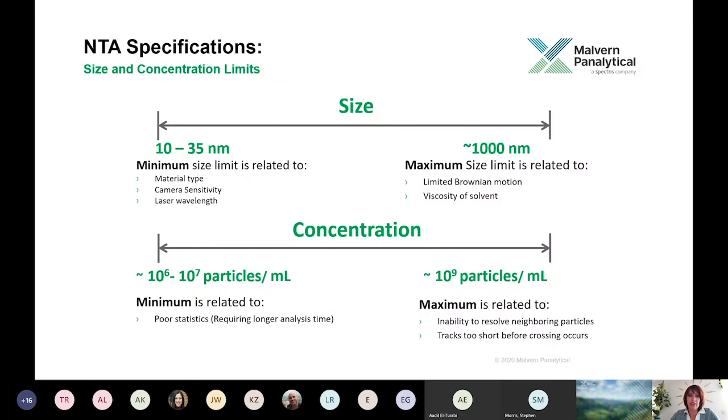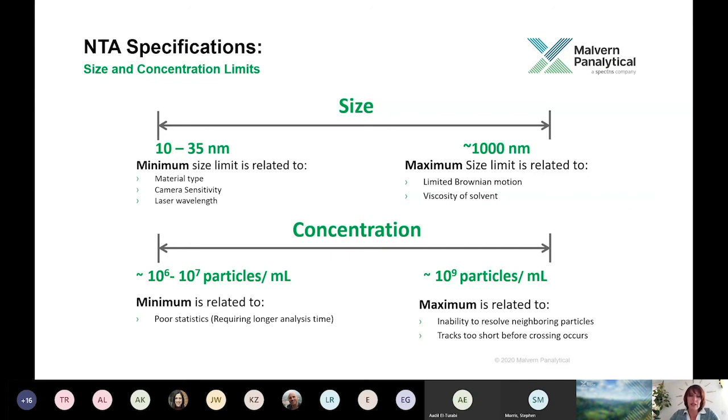For concentration, because of the field of view in which you're observing your particles, for ideal measurements we want the particles to have surroundings to move freely. So it's quite important that we observe about 30 to 100 of these dots, particles, on the screen.